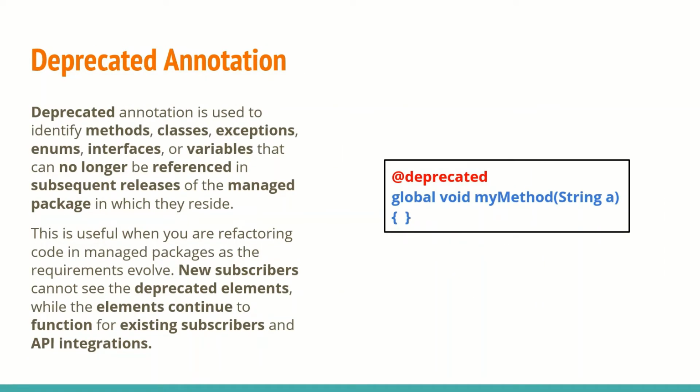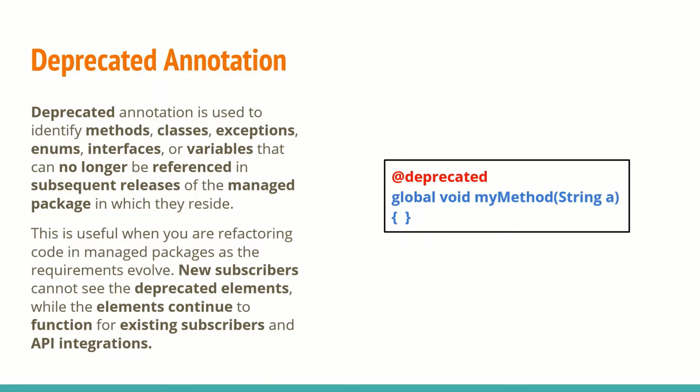The deprecated annotation is used to identify methods, classes, exceptions, enums, interfaces, or variables that can no longer be referenced in subsequent releases of the managed package in which they reside. So if there is any particular update from Salesforce, like this particular variable or this particular data type cannot be used after this particular release, then if it is used in some managed package, that particular method or variable will be annotated with @deprecated.